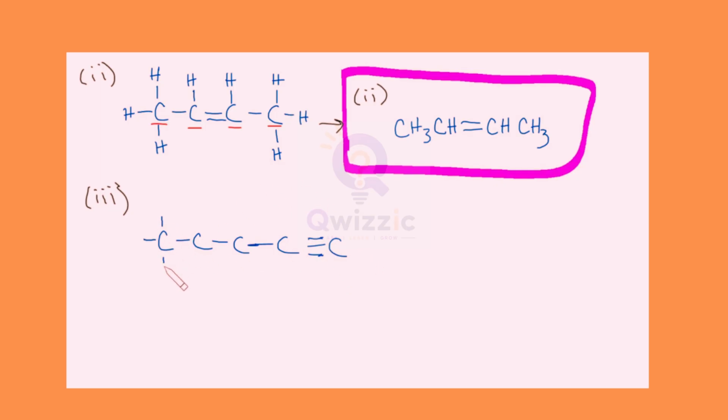So with that information, we can add our hydrogens. Our 5th carbon will get 3 hydrogens. 4th carbon will get 2 hydrogens. 3rd carbon will get 2 hydrogens. 2nd carbon already has full octet with these 2 charge centers. And our 1st carbon will get 1 hydrogen.